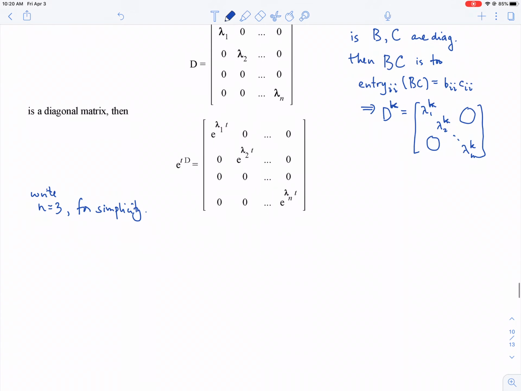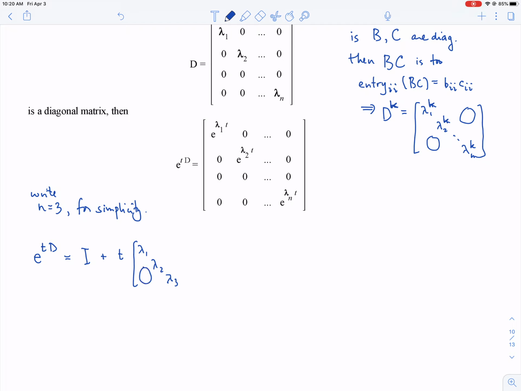Okay, so e to the tD is the identity plus t times the diagonal matrix with lambda 1, lambda 2, lambda 3 on the diagonal.